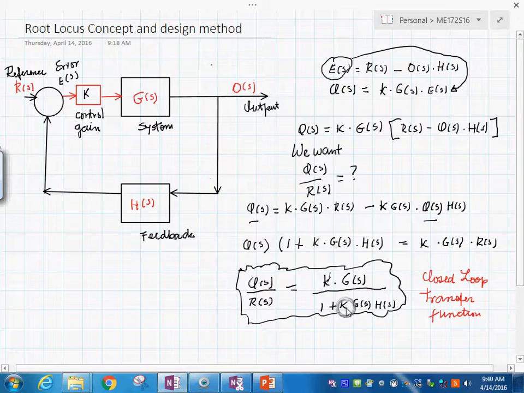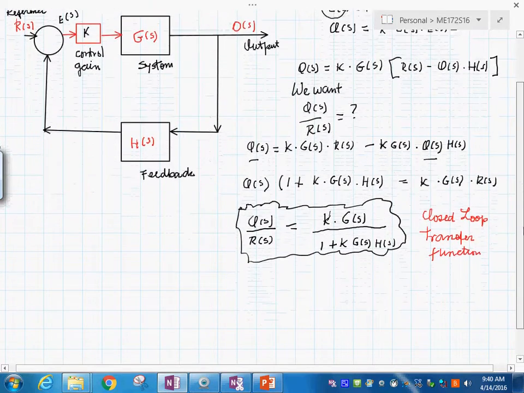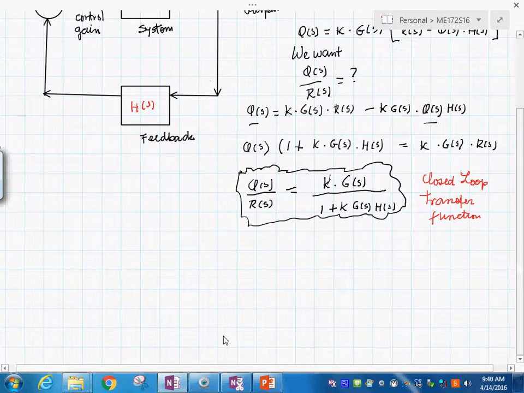So the point here is that if you keep changing K from 0 to infinity, sooner or later you are going to end up doing some sort of a plot of where these roots are. So let me try first, before I show you this presentation that I have, just trying it by hand, how that may look like.